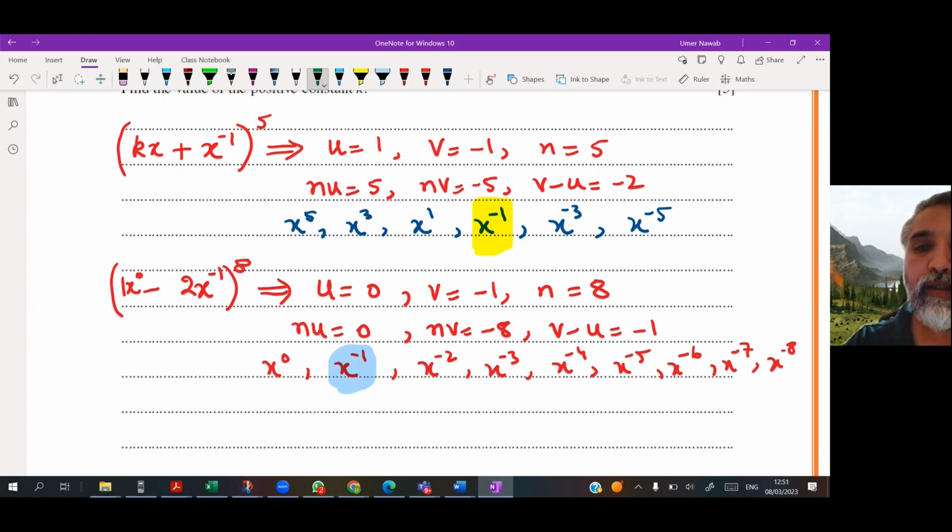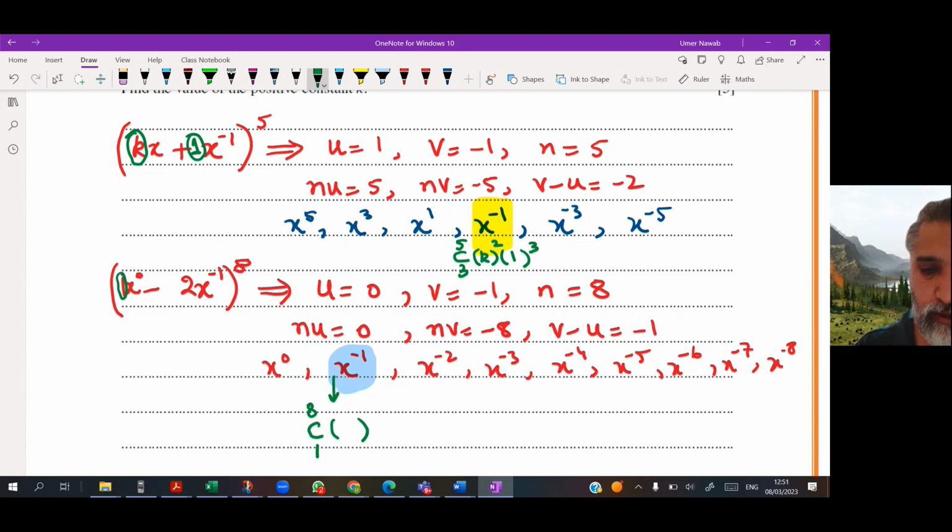Can I calculate this? 0, 1, 2, 3. So 5C3, 2, and this is 3. I'm going to write here K, and this is 1, because this is K, and this is 1. And in this case, I'm going to write 8C1 because 0, 1, 8C1.